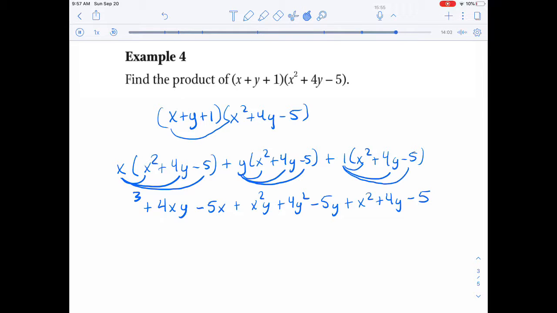Well, let's begin to simplify this problem by using the commutative property to rearrange our terms in descending order of exponents.